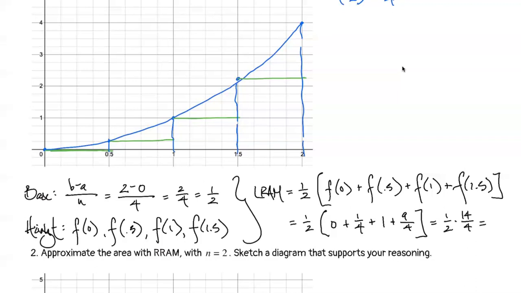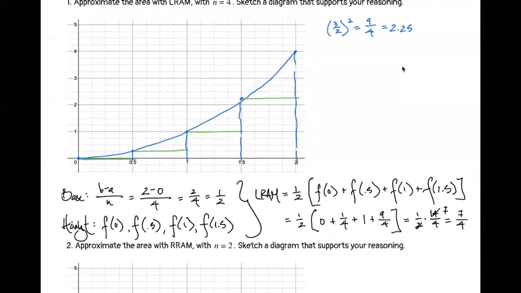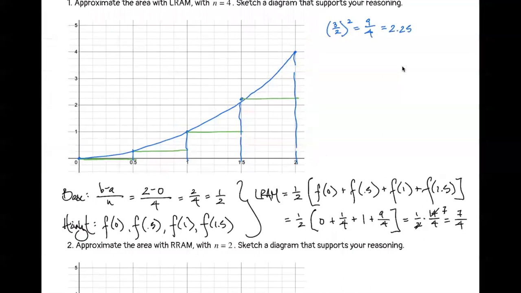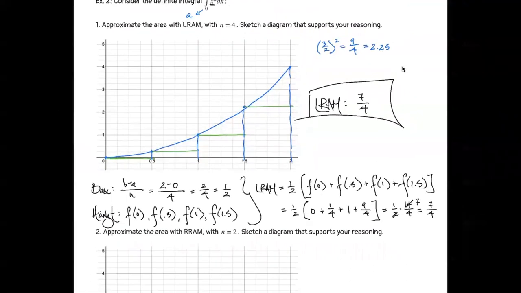Let's see, what does that give us? 7/4. Okay. So this says that the area that we approximate here is 7/4. That's the area of these 4 green rectangles.